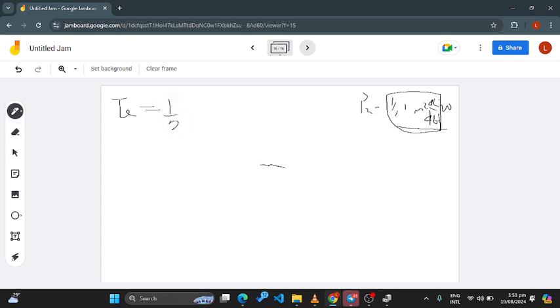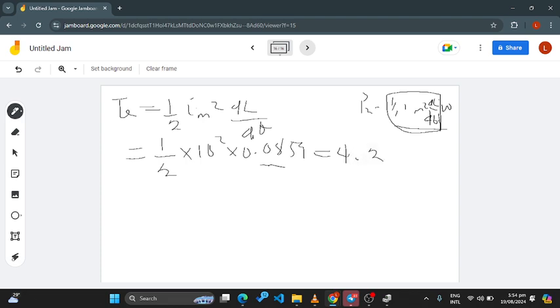So half Im squared dL d theta. This should give me half times 10 squared times 0.0859, and that should give me 4.295 Newton meters.